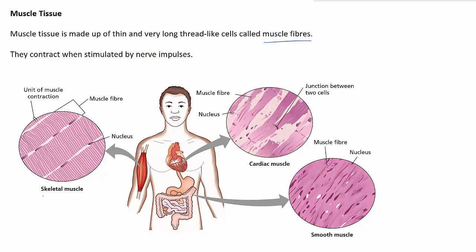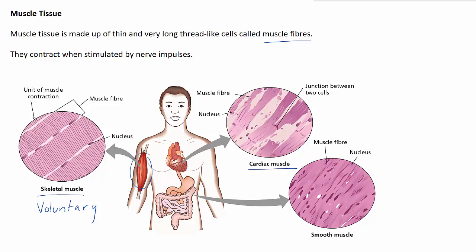There's skeletal muscle, which is a voluntary muscle. In other words, you actually have control over these muscles in order to move your body, such as this illustration of bicep and tricep here.